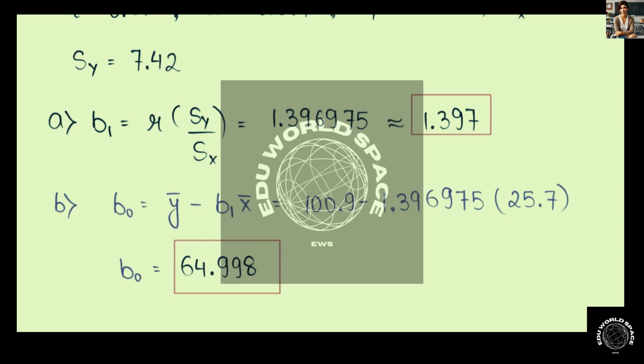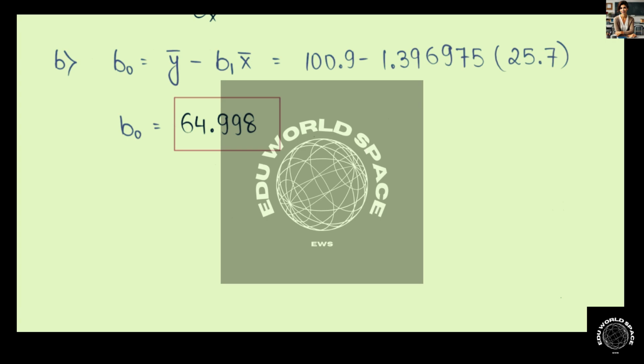Now in the third part, we need to calculate the percent of variation. So let's write over here that the percent of variation can be calculated once we calculate the value of the coefficient of determination. So it will be R square, and this is 0.61 raised to the power 2, and this value will be 0.3721.